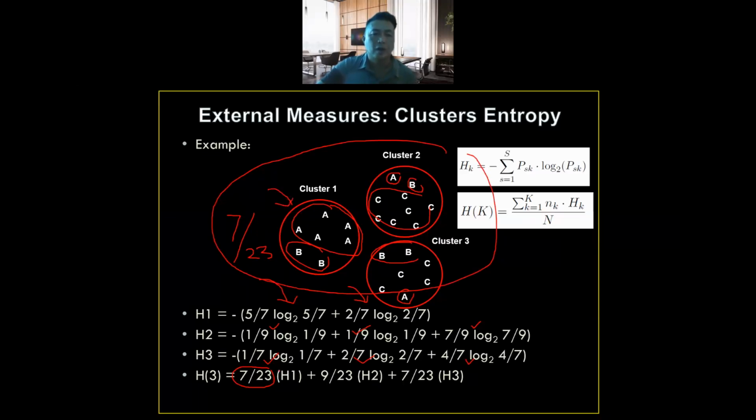So this is the weightage for cluster 1. For cluster 2, the weightage will be 9 over 23. And the weightage for cluster 3 will be 7 over 23. So this is how you compute the quality of the cluster based on the content. How pure is the cluster?